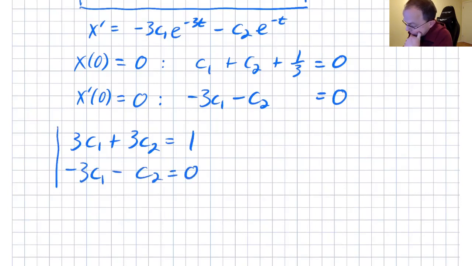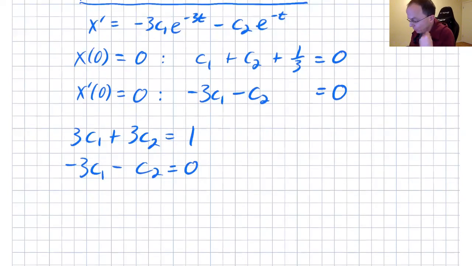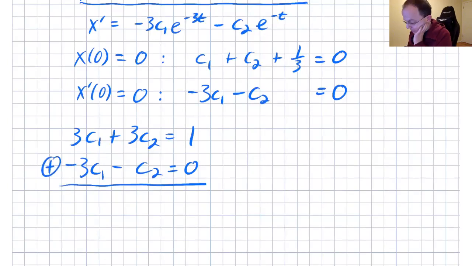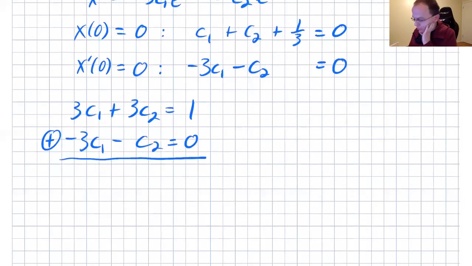Now, when I get something like this, where I can easily see that if I add those two equations together, then the C1 will cancel. So let's just do that instead of using Cramer's rule, because this is going to be easier. When things aren't so nice, that's when I like to use Cramer's rule instead.